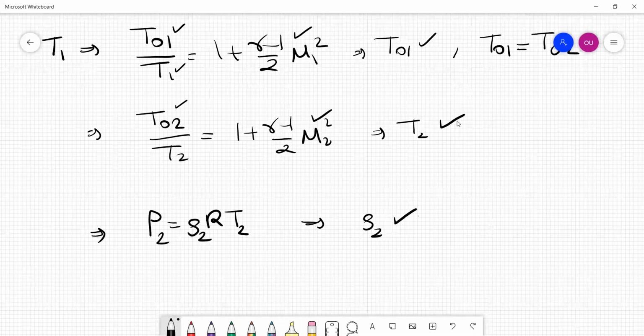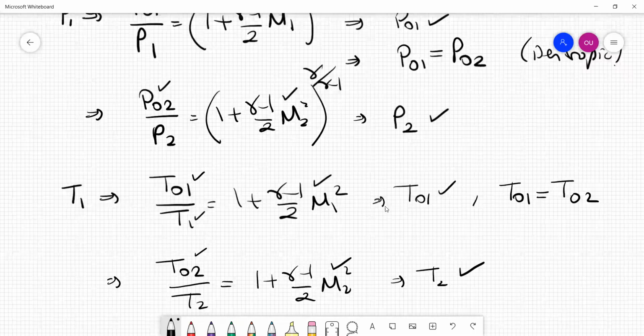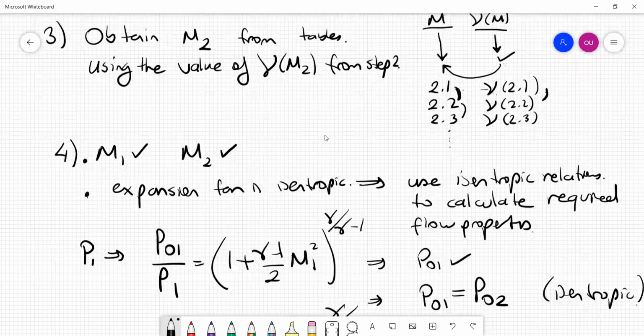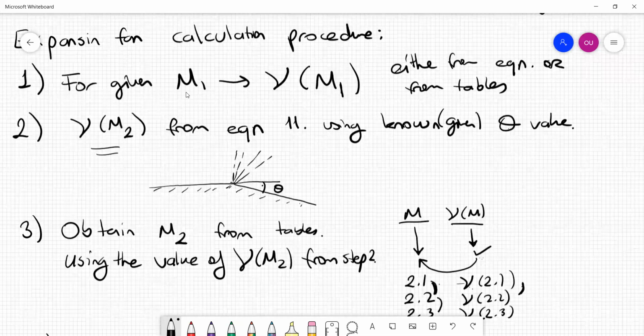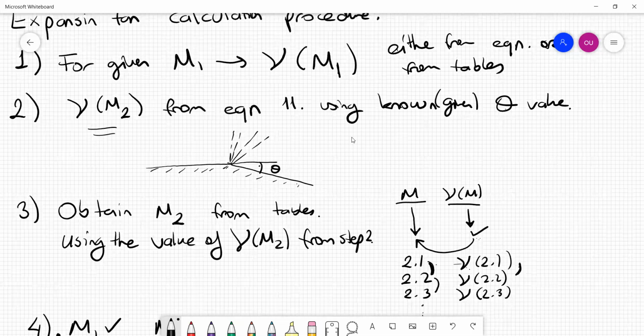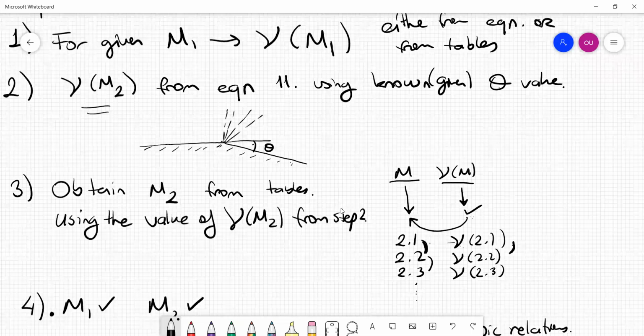Now, basically, in order to solve such a problem, let me first go here and revise the steps. For given M1, calculation of the Prandtl-Meyer angle ν1 is not a big deal. You can, of course, use the equation or use the tables. The second step is from theta. The third step is not straightforward.